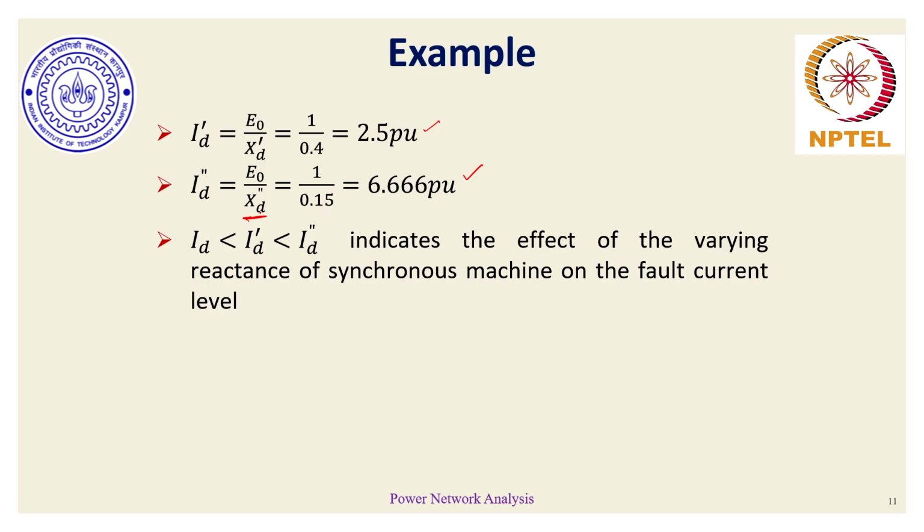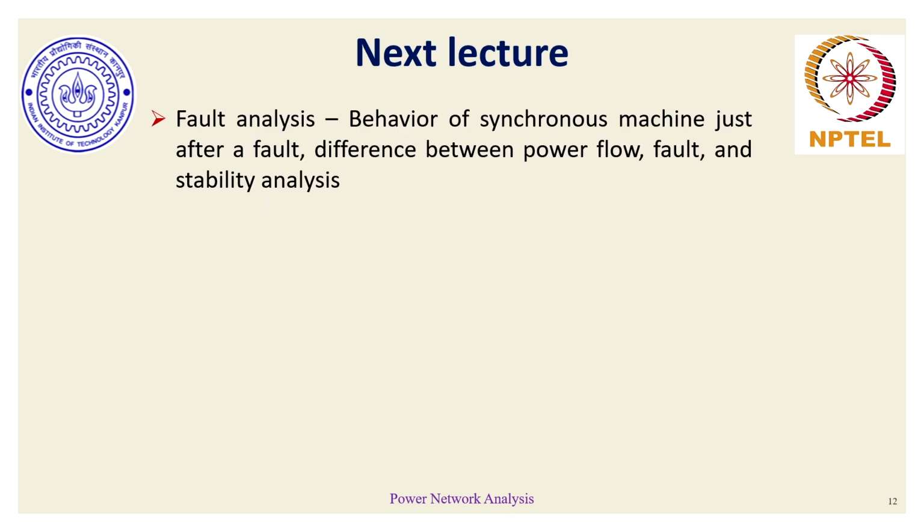Since the reactances follow decreasing order from steady state to the subtransient period, the currents also tend to follow increasing behavior from steady state to the subtransient period, indicating that the machine reactances are not the same.